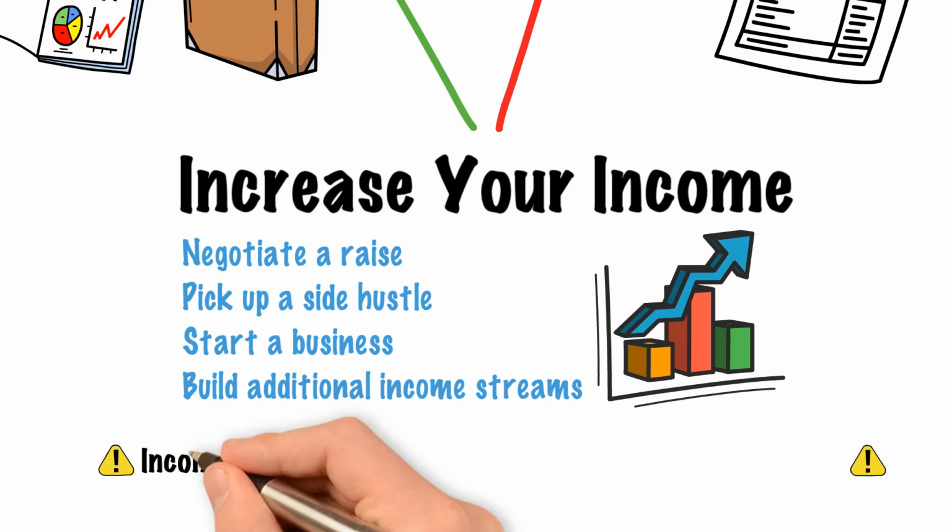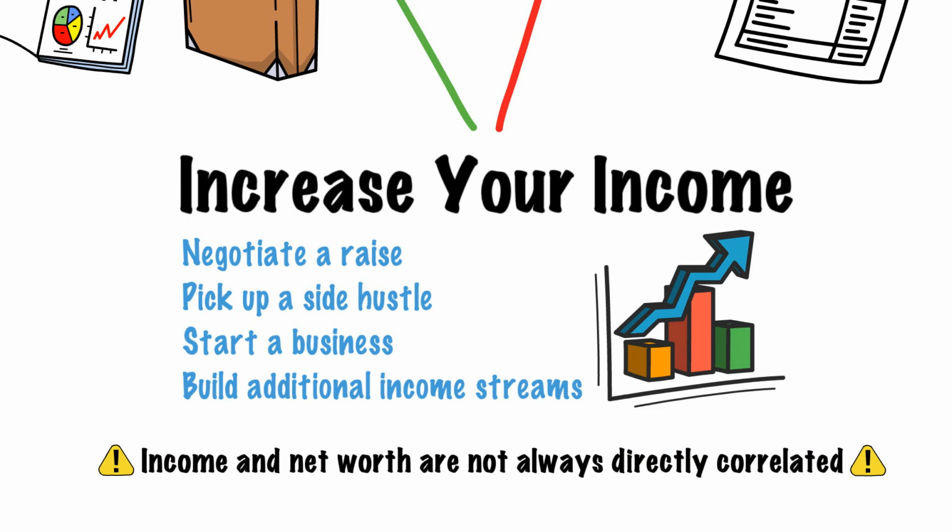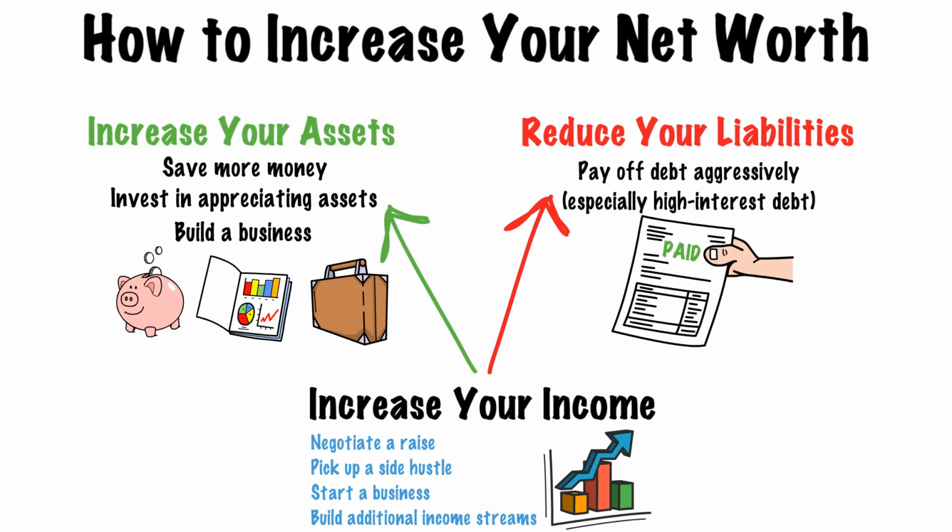But again, income and net worth are not always directly correlated. It's possible to make $1 million a year and still have a negative net worth. So it's important to make sure that some portion of your income at whatever income level you're at is always going toward increasing those assets and reducing those liabilities.